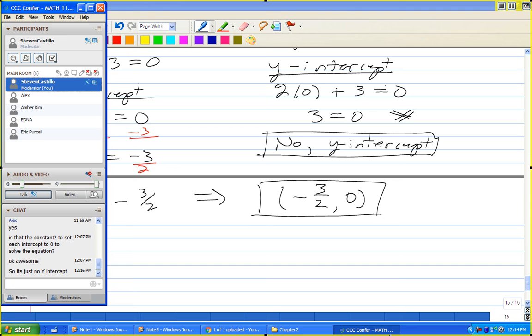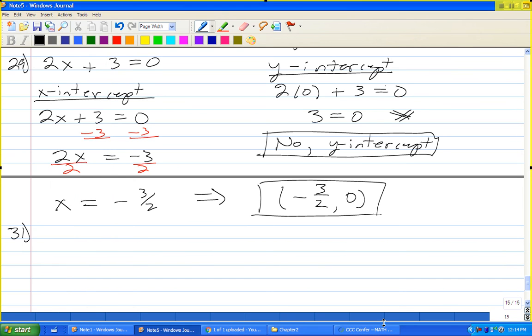Yeah, so there's no y-intercept, but there is an x-intercept. This is a vertical line, so it has an x-intercept, but no y-intercept. Okay, 31, 3y equaling 5.